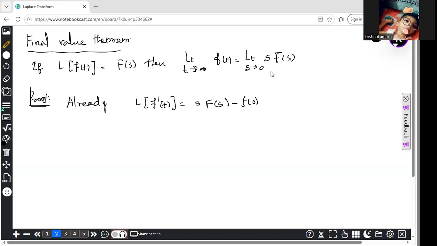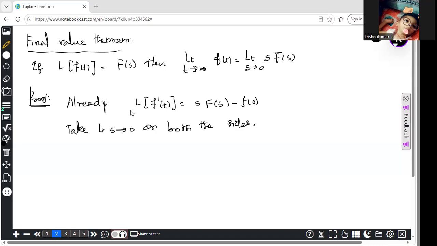In this expression, the limit is approaching 0 for the variable s. Therefore, take limit s tends to 0 on both sides.